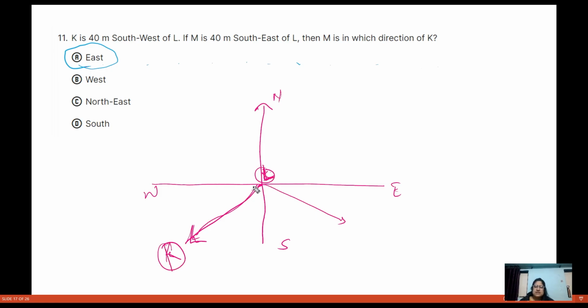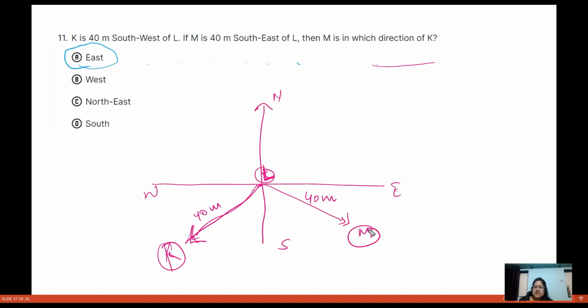If M is 40 meters southeast of L, so this is 40 meters southeast of L, then M is in which direction of K?